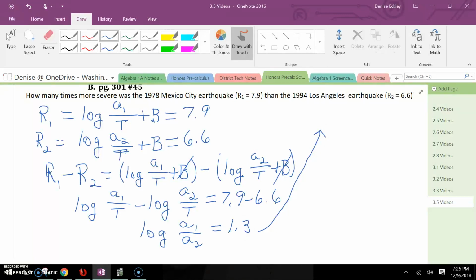So, writing this using our properties of exponents, we get A1 over A2 is going to equal 10 to the 1.3 power, and 10 to the 1.3 power is about 19.95. So the Mexico quake was about 20 times more severe.